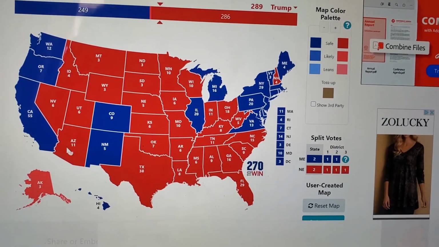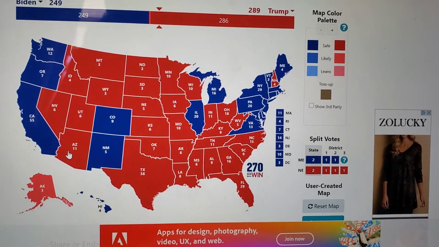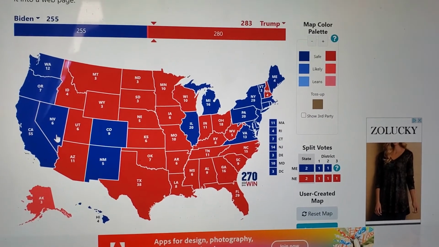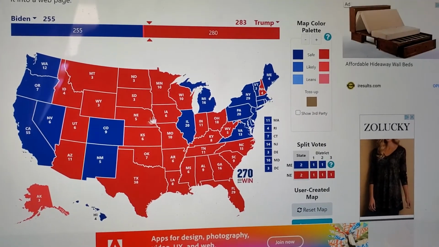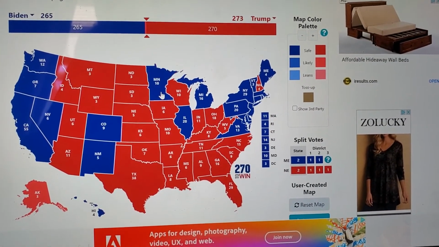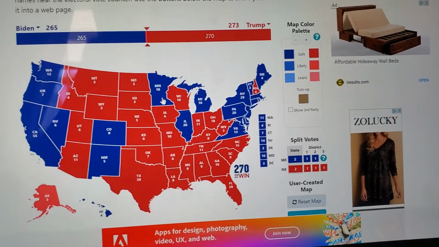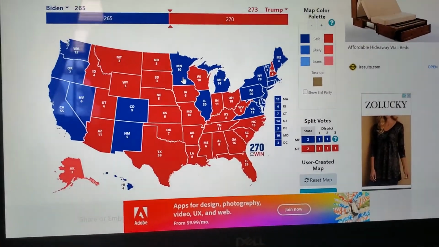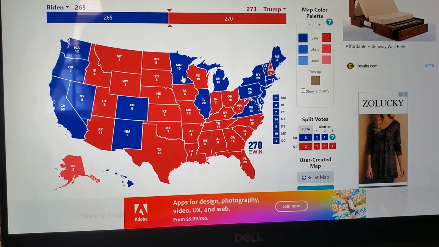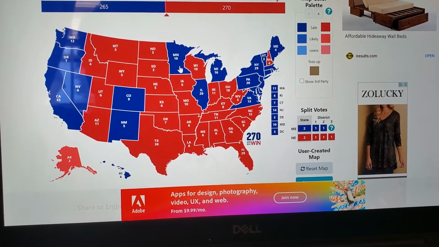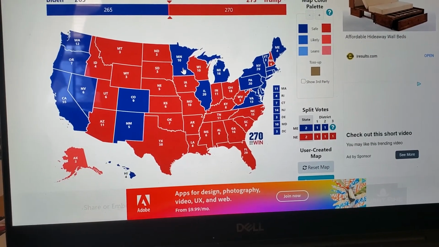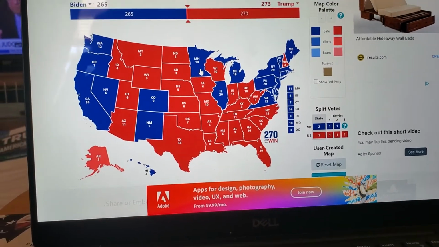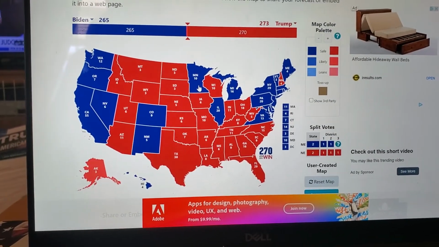He does have to carry Arizona. That is critical for him to win. And if he loses Nevada, he's going to have to carry. And if, let's say, Minnesota sticks with the Democrats, you can see right there that he has a very narrow path to victory. Very, very narrow path. So that is the Electoral College analysis for 13th.